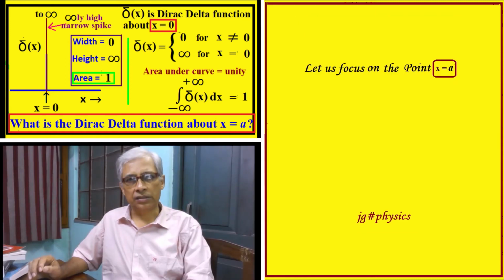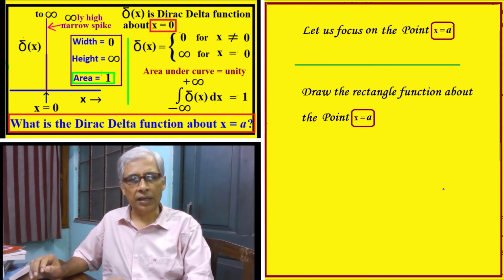Let us suppose that instead of x equal to 0, x equal to a be the point of our present concern. We are now interested with the point x equal to a. So the rectangle function is now drawn about x equal to a.